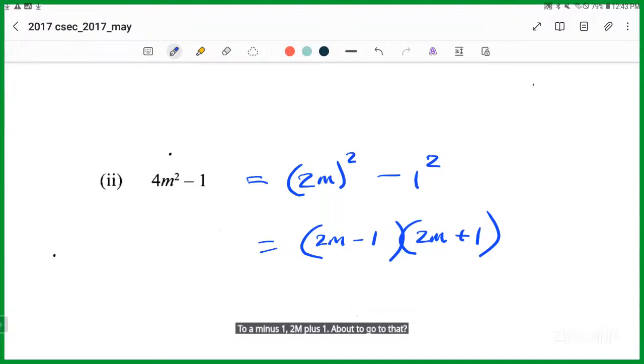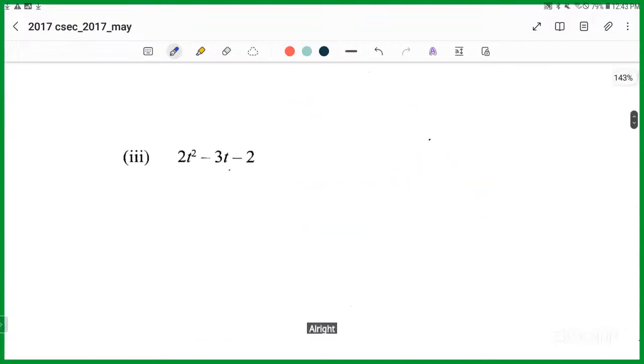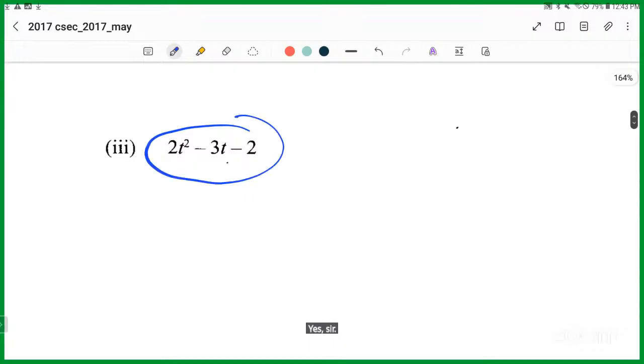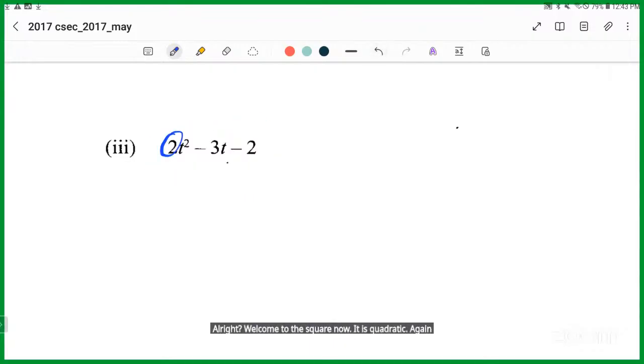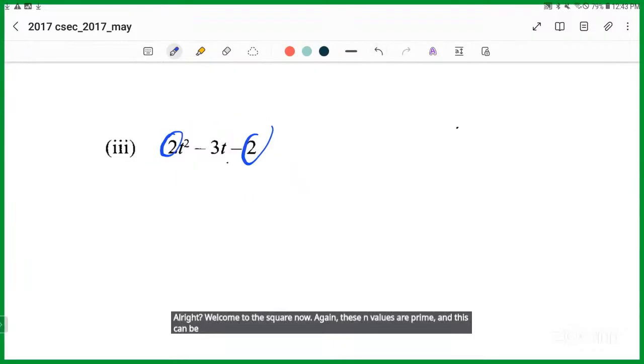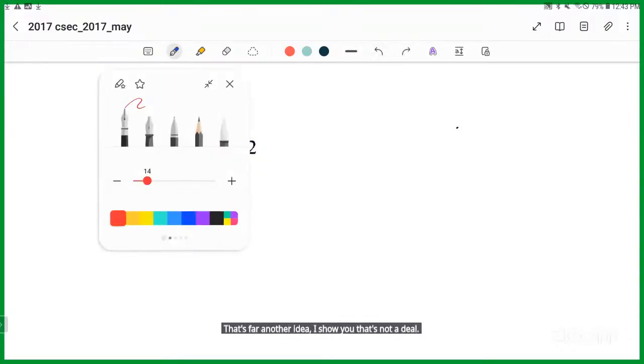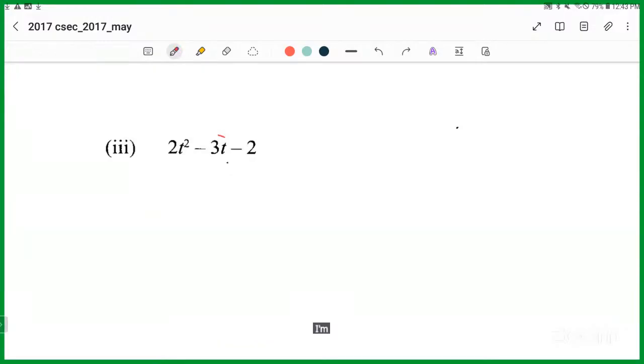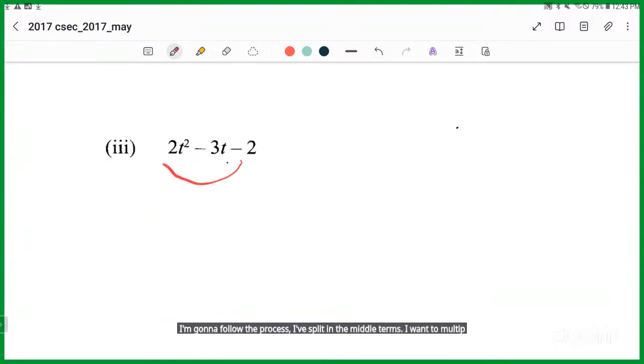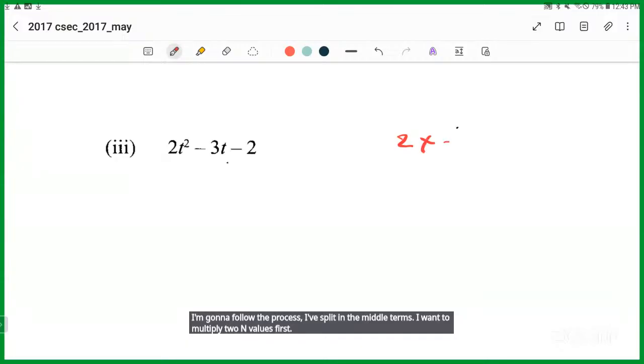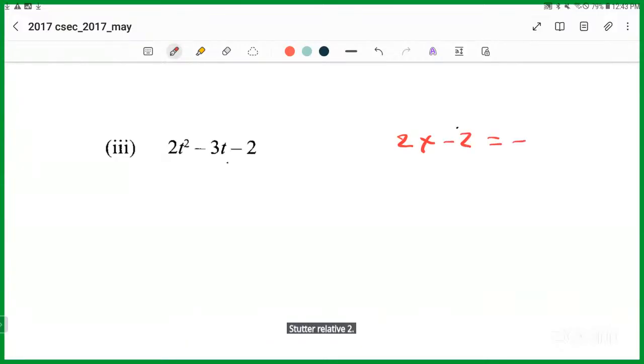Alright. Now we come to this quadratic. Again, these n values are prime, so this can be done quickly by just doing it on the board. That's for another day. I'll show you that another day. I'm going to follow the process of splitting the middle term. I'm going to multiply the two n values first. It's 2 times negative 2, which is equal to negative 4.